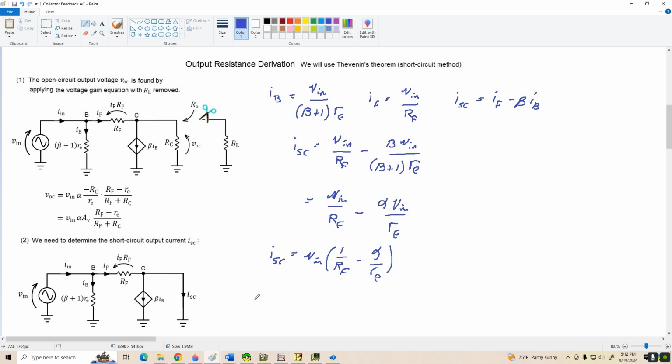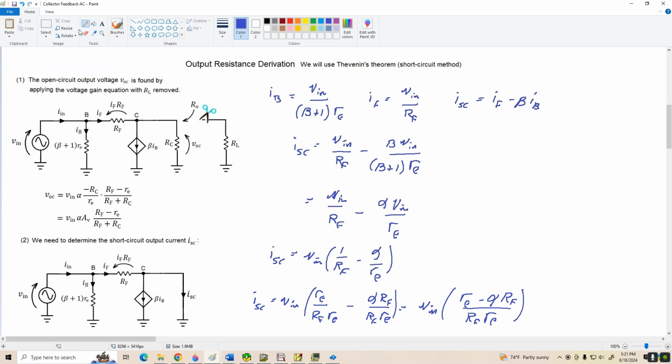So that's going to give me I sub SC equals Vin times, let's see, little re over RF times little re minus alpha times RF over RF times little re, which is finally Vin times little re minus alpha times RF over R sub F times little re.